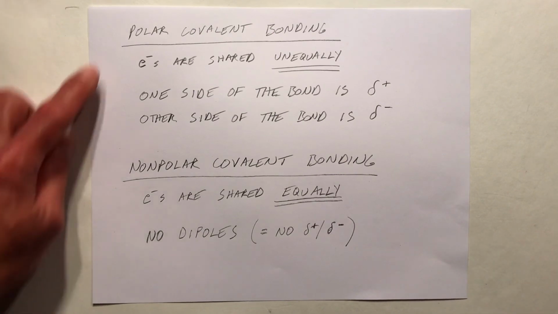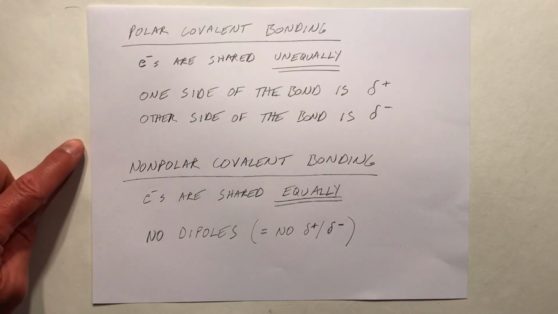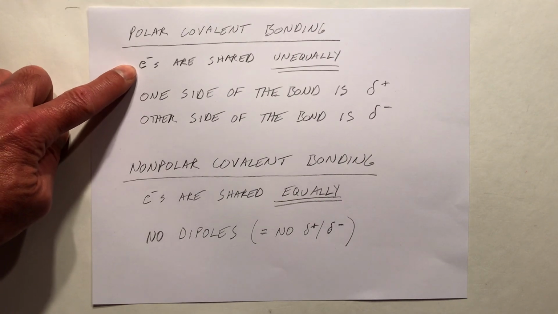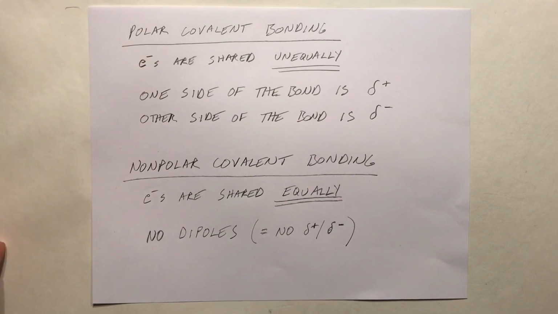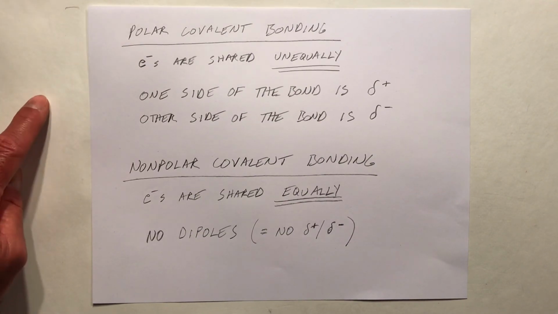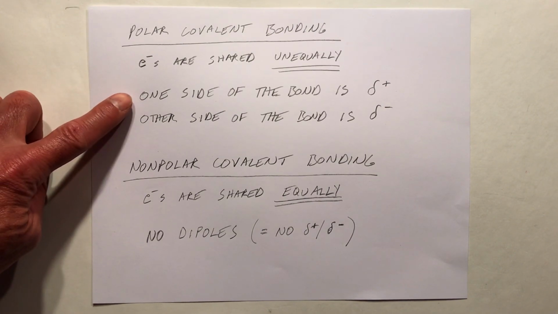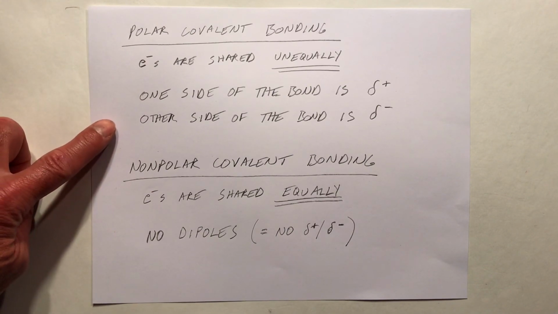So we would say that polar covalent bonding is when electrons are shared unequally because the atoms have unequal electronegativities. So the electronegativity difference is bigger than 0 but not bigger than 1.67. We would say that one side of the bond would be delta plus and the other side of the bond would be delta minus.